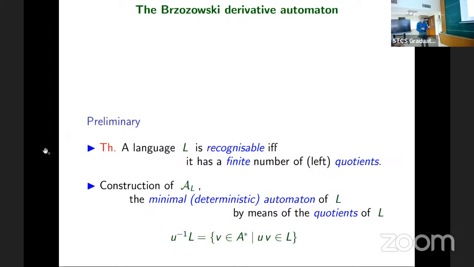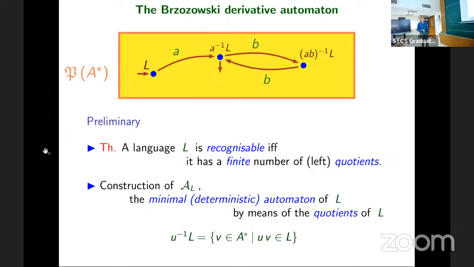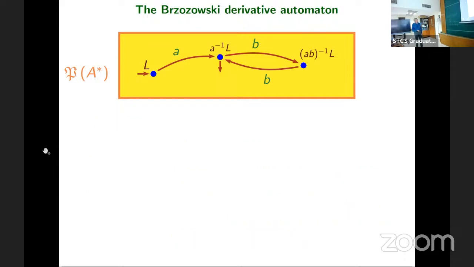And this is a characterization of recognizable languages: they have a finite number of quotients. Now, the idea of Brzozowski.